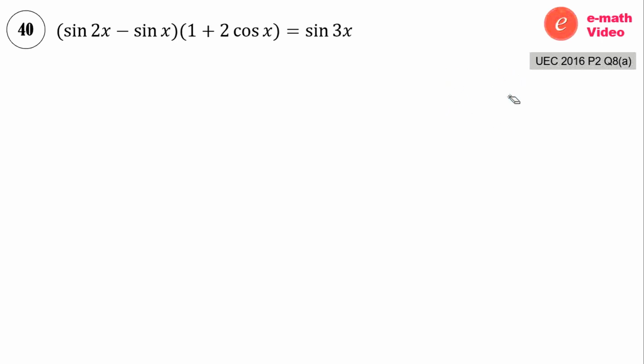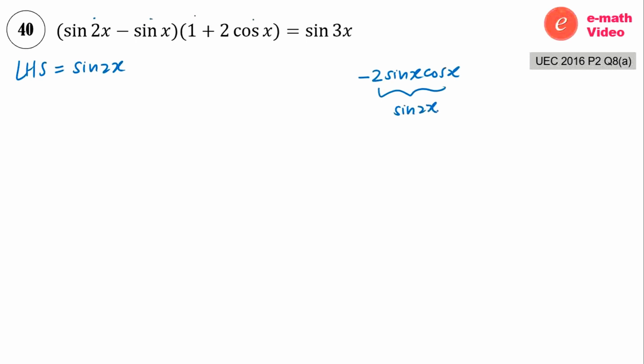Alright. So, left hand side, we expand the bracket. This one times this one is sine 2x. This one times this one is negative 2 sine x cos x. And we know that this is actually equals to sine 2x.